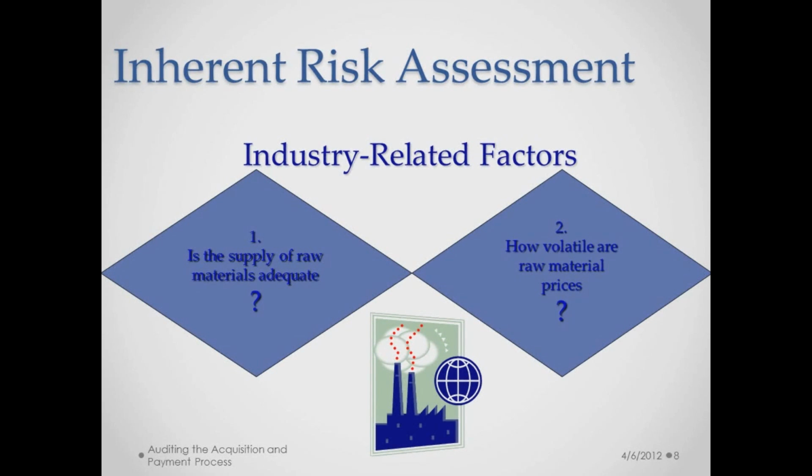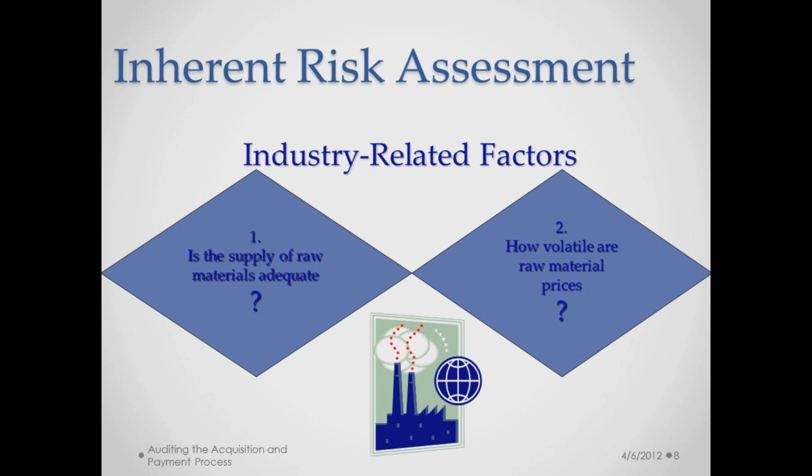So that would be an example of how the adequacy of the supply of raw materials is important to consider in your inherent risk assessment, or how volatile are raw material prices, right? Because that's going to impact what? What you pay for inventory impacts what? Cost of the product. Right.